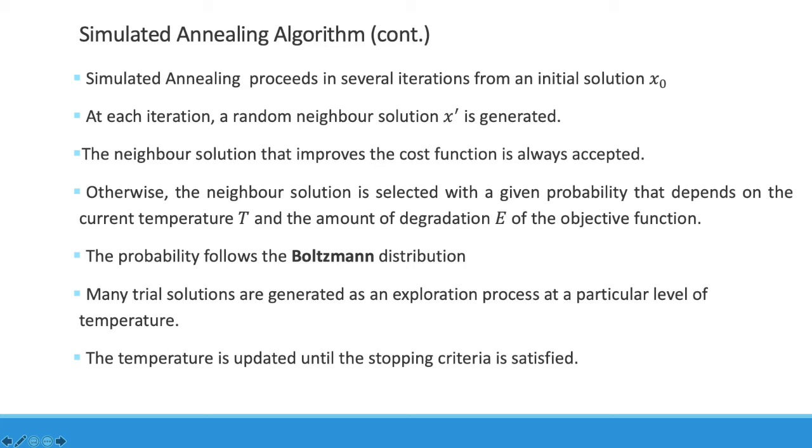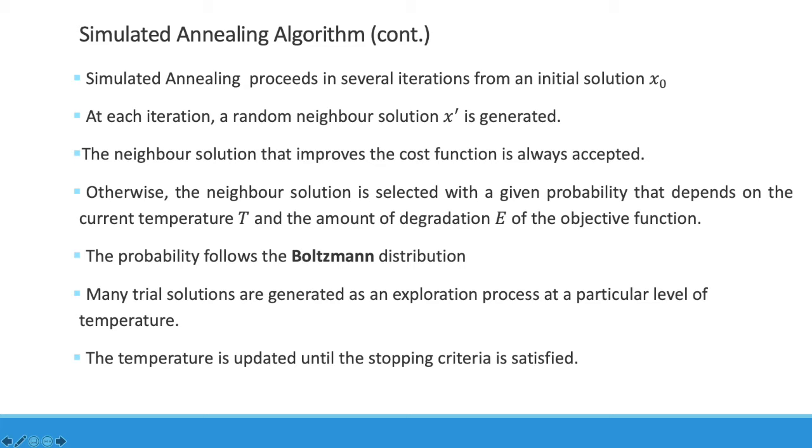It gives the ability to jump out of any local optimum it finds itself in at the early stage. As the temperature is reduced, the probability of accepting a worse solution becomes small, therefore allowing the algorithm to gradually focus on an area of the search space which is hopefully close to the optimal solution.